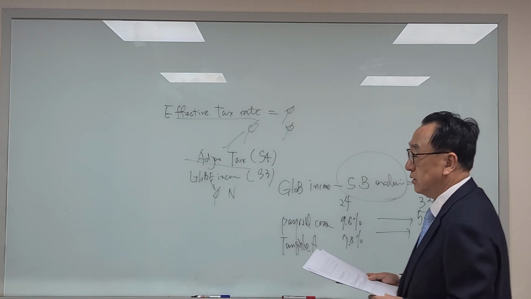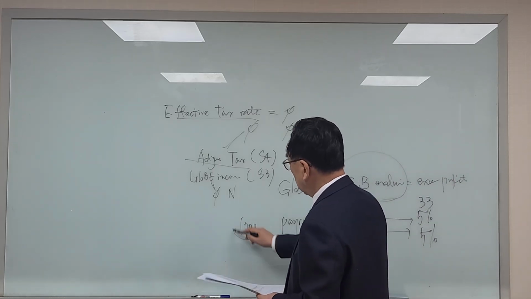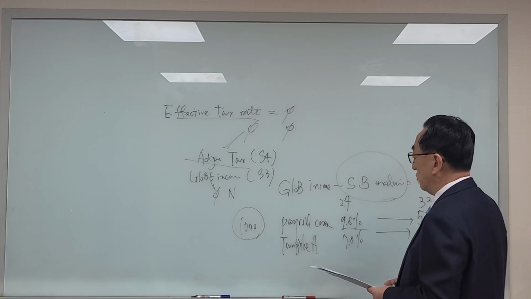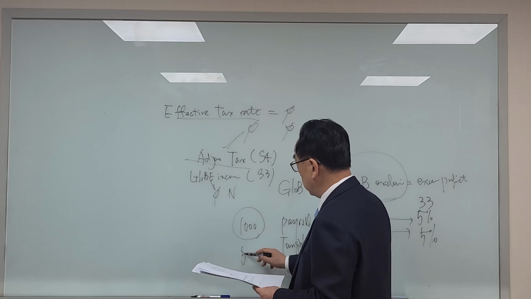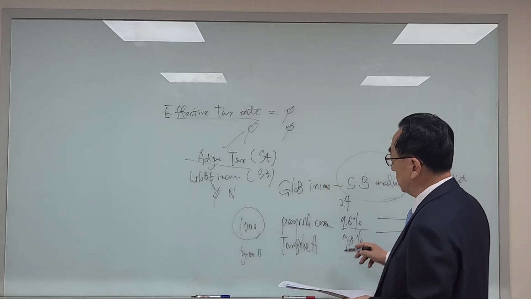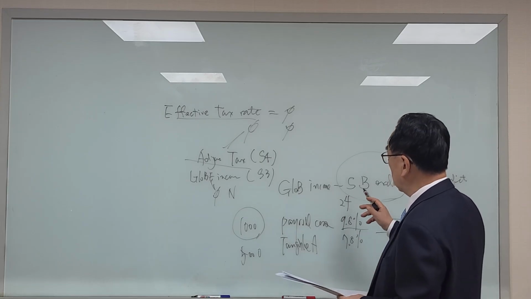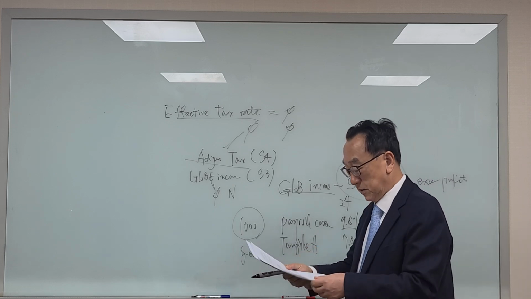So if the company's annual payroll cost is 1,000, then 9.8%, 98, will be deducted as a deduction. If the tangible asset amount is 5,000, then 7.8% of 5,000, 370 or so, will be deducted from global income, like a deductible expense.